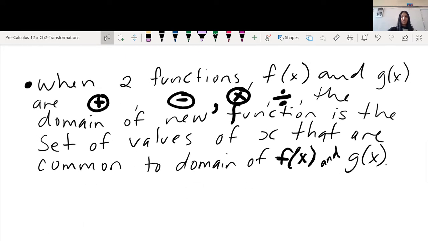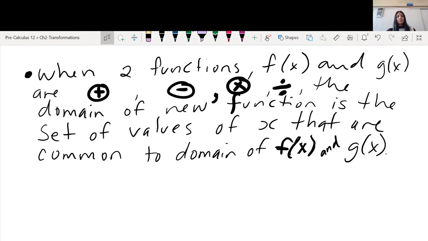When two functions, f of x and g of x, are added, subtracted, multiplied, or divided, the domain of the new function is the set of values of x that are common to the domain of f of x and g of x. Okay, that probably didn't make any sense, so let's use an example to clear that up. So, let me try to rephrase that, realizing that's not the neatest looking thing either, but we're going to try to work with it.